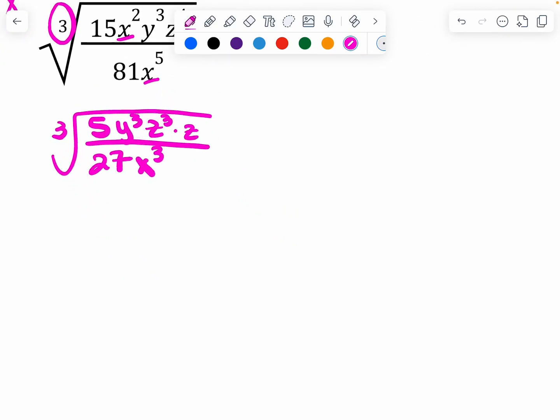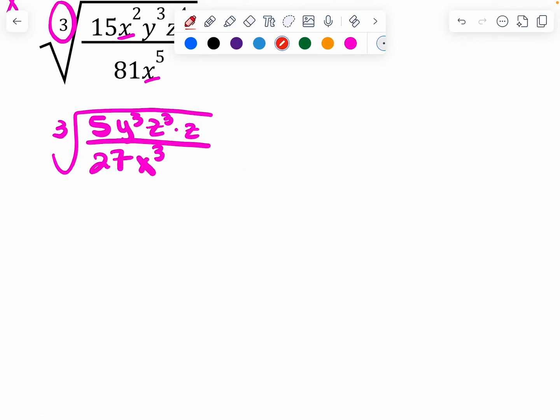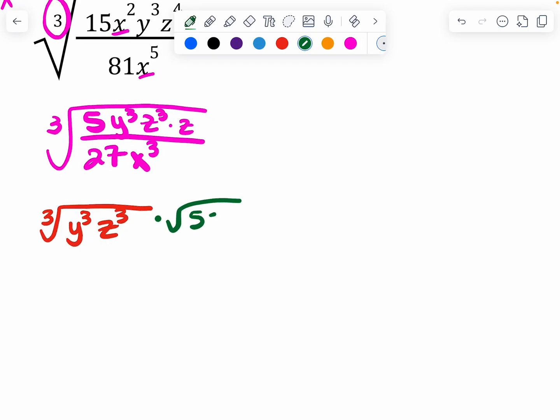Okay, so now let's take the cubed roots. We cannot take the cubed root of some of these things. So let's go on top. The cubed root of what I can take the cubed root of: y to the 3rd, z to the 3rd. What I can't take the cubed root of: 5 and z.